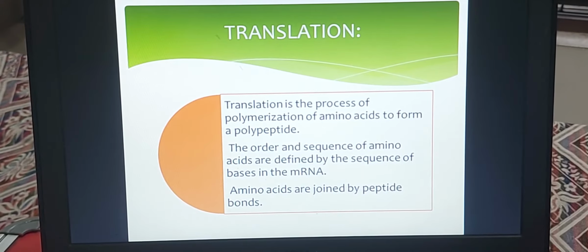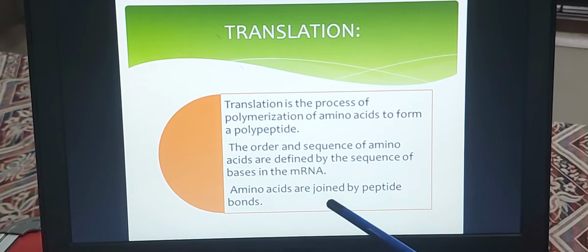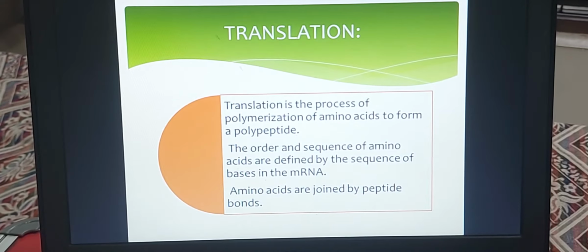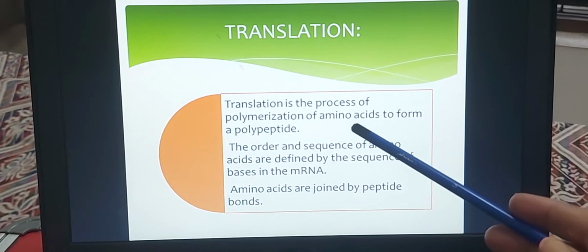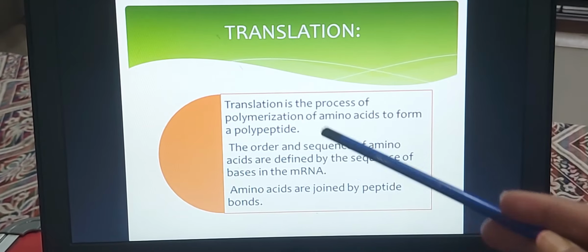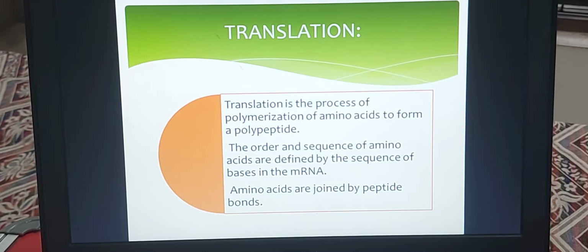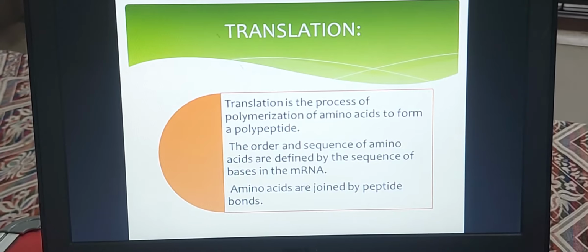Whatever is the sequence present on mRNA, accordingly the different amino acids will be packed, and then finally the amino acids are joined by the peptide bond. So we can say that joining of the amino acids with the peptide bond to make a polypeptide chain according to the sequence present on messenger RNA is called translation.